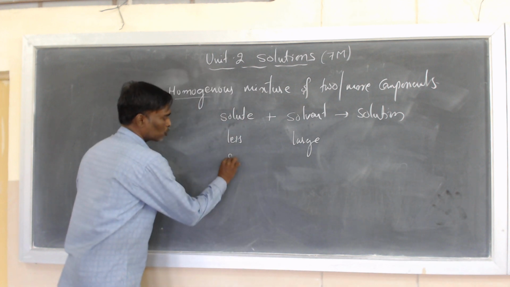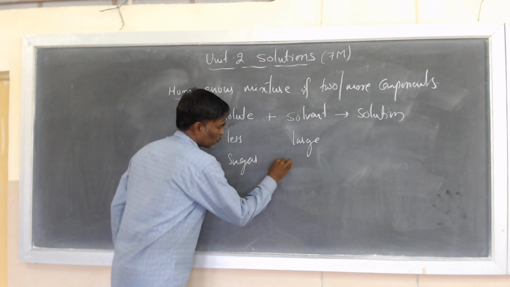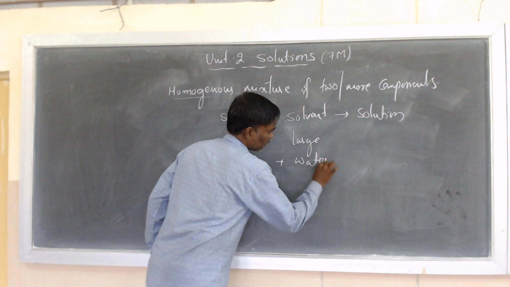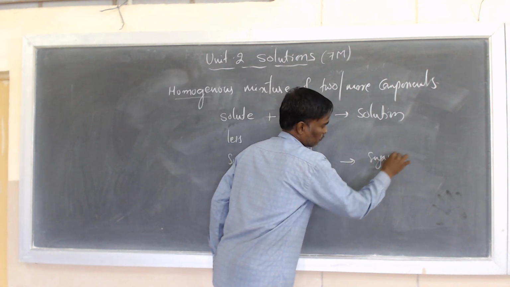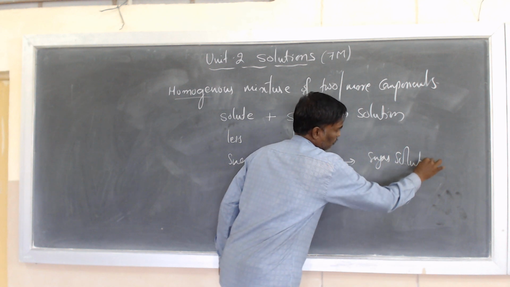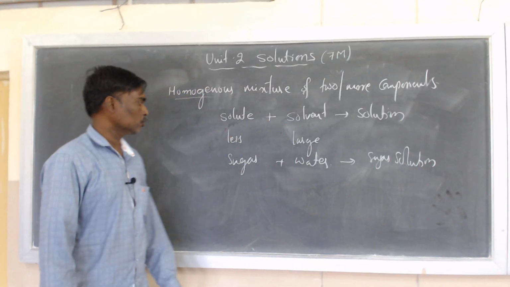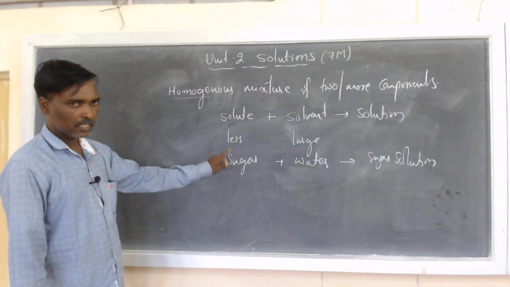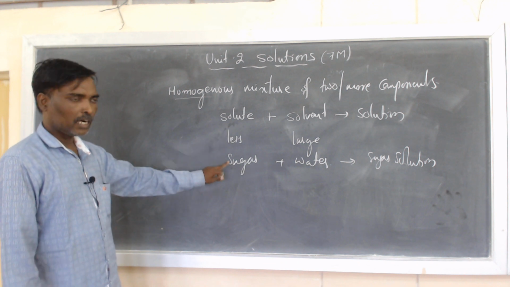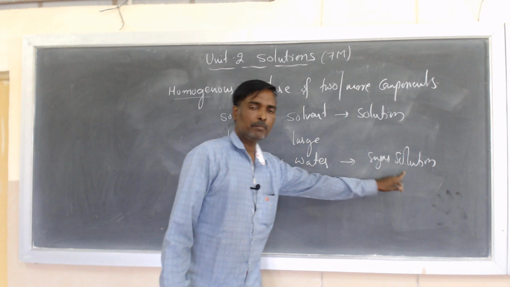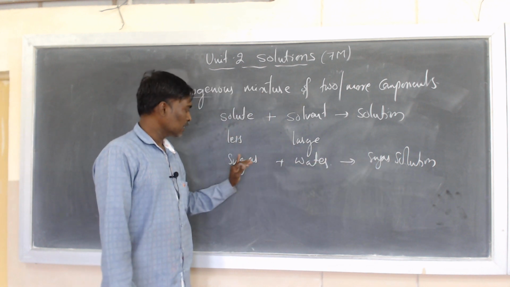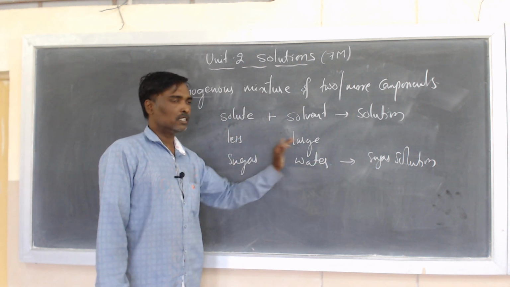For example, sugar plus water is a simple example we take. It gives sugar solution. Sugar is present in lesser quantity and also loses its identity in the solution. That means we can't find the crystals of the sugar in the solution.